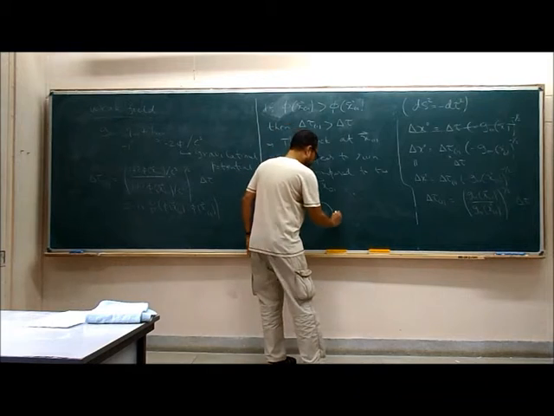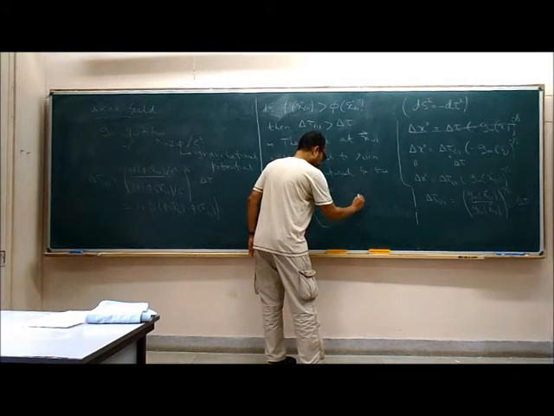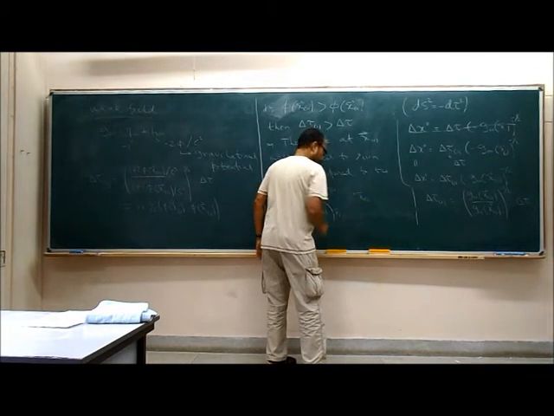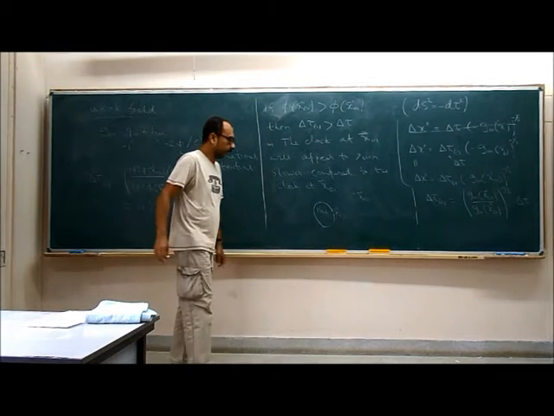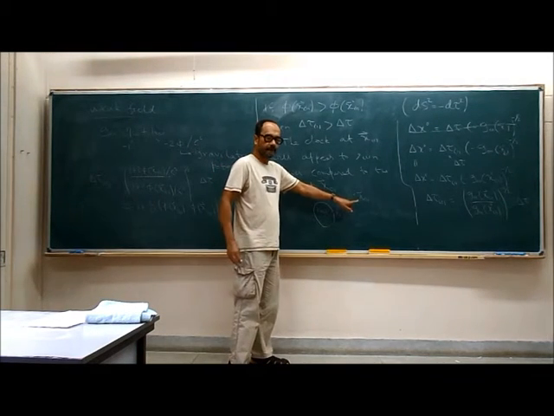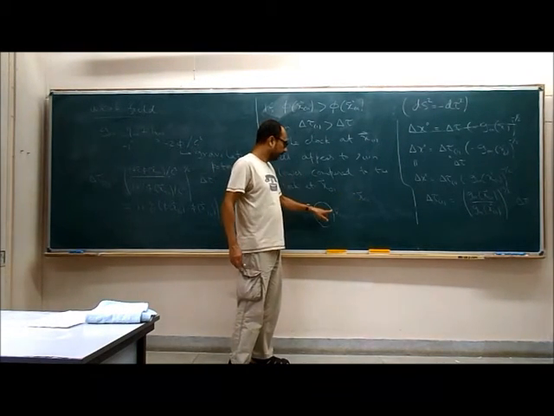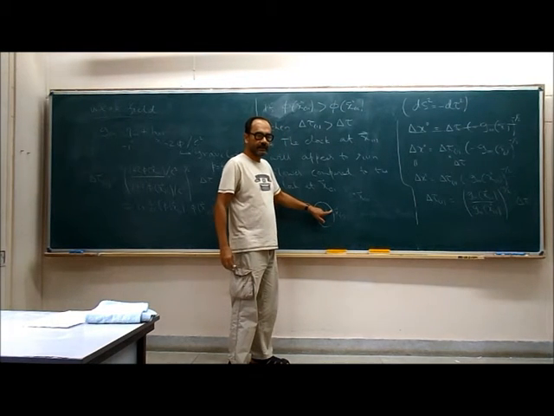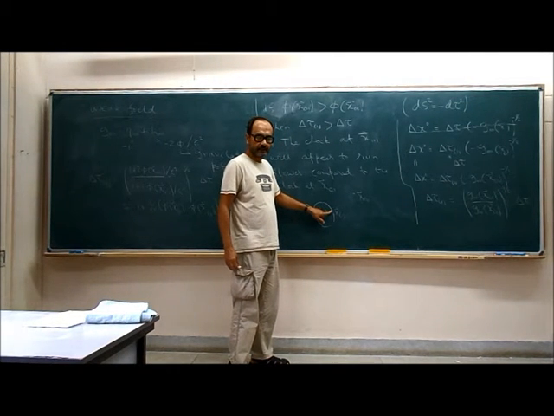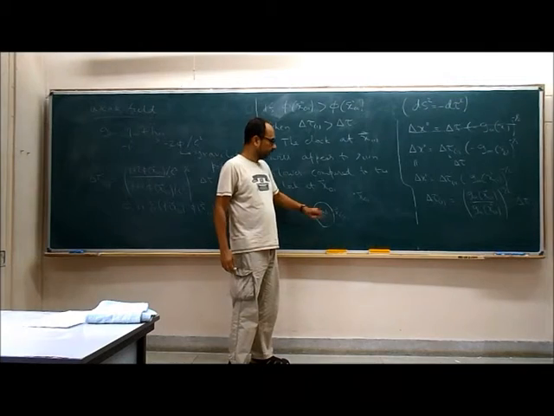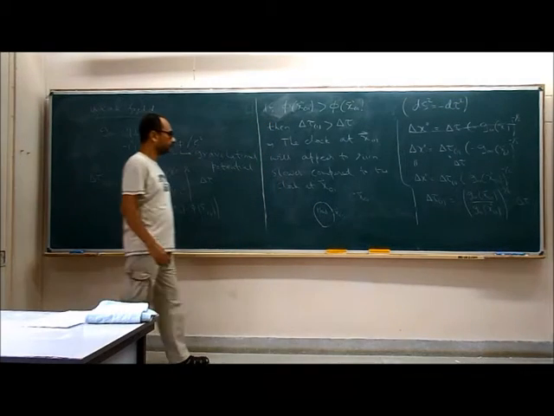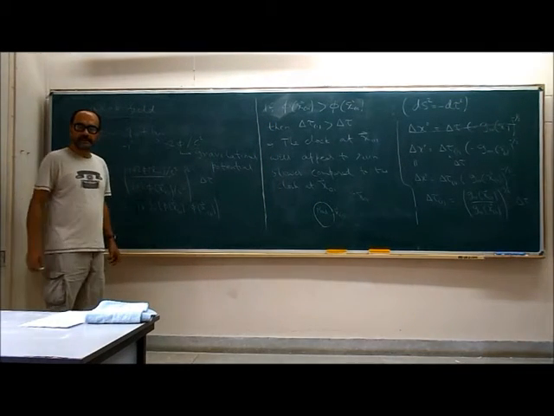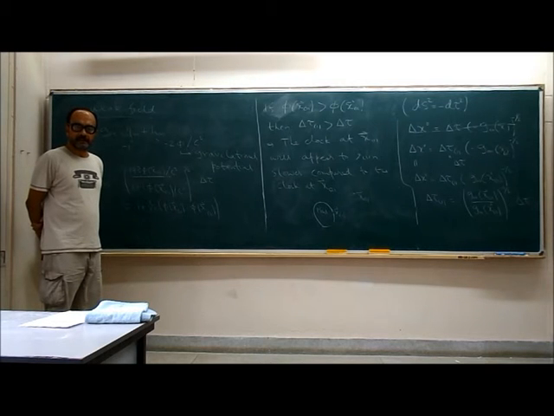So this is our x1, this is our x2. If you observe from x2, you will find that the clock at x1 is running slower. Is this clear?